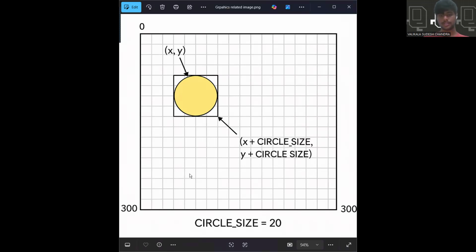You guys might have seen the code for that was around x comma y comma x plus circle size, y plus circle size. Yes, that was the code, if you remember. Now, why are we doing this entire thing?